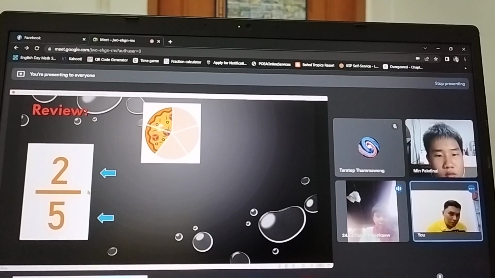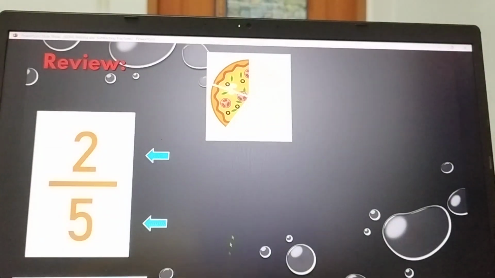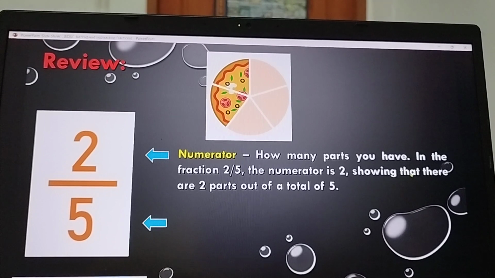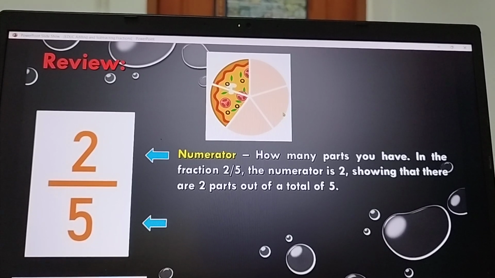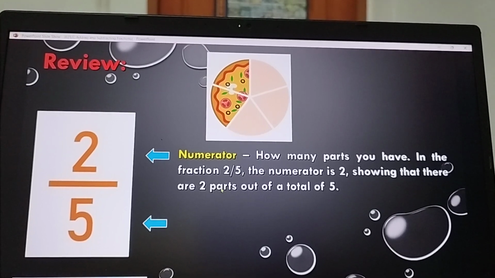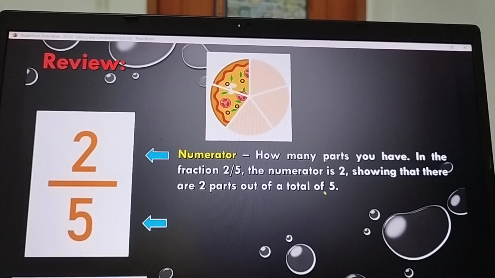Numerator. Okay, very good. So the top number is called the numerator. So how many parts do you have? In the fraction 2/5, the numerator is 2, showing that there are 2 parts out of a total of 5.